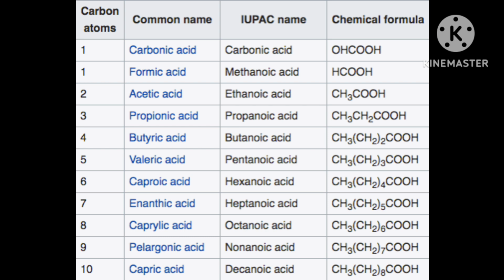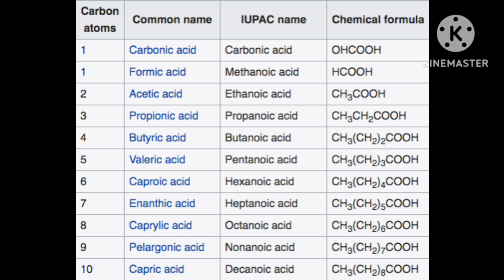With COOH attached to benzene, the common name is benzoic acid, and the IUPAC name, as I discussed earlier, is benzene carboxylic acid, also called benzoic acid. Benzoic acid is the common name as well as the IUPAC name.